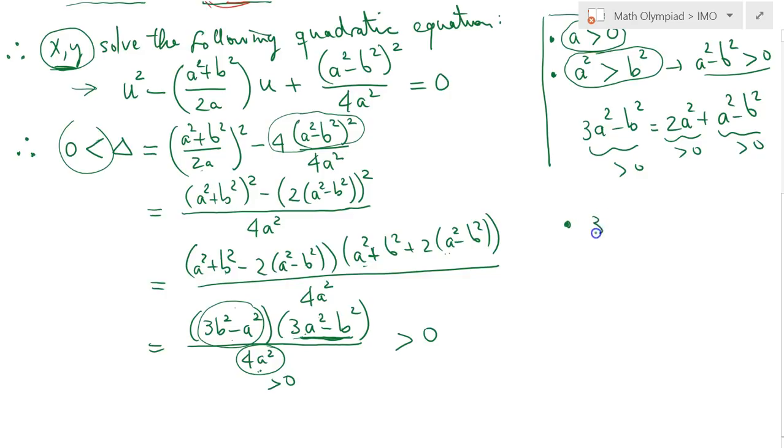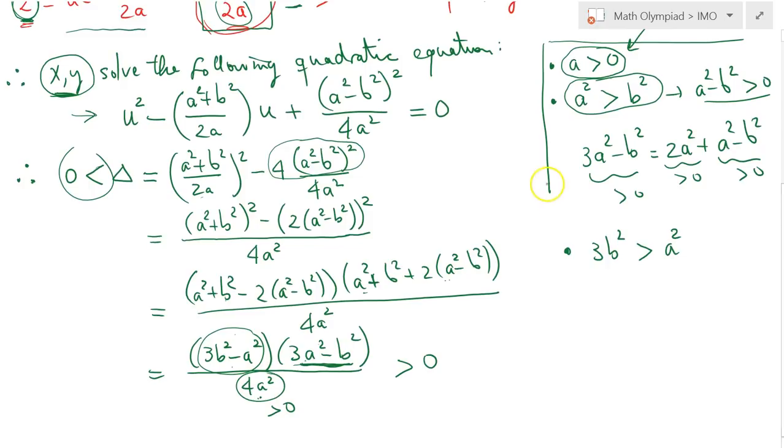So we must have, if we want 3 distinct positive roots, 3b² be greater than a². Now, that's it. Looks like these are all the conditions I need, right?